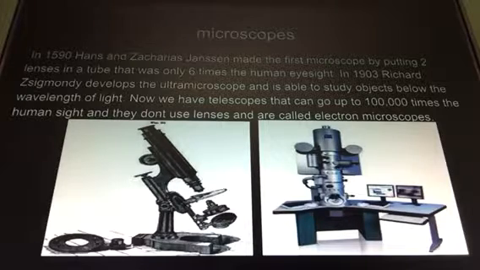Now we have microscopes that can go up to 100 times the human eyesight, and they don't use lenses, but are called electron microscopes. This is an example of one right here, and this is one of the older microscopes, if you can see that.